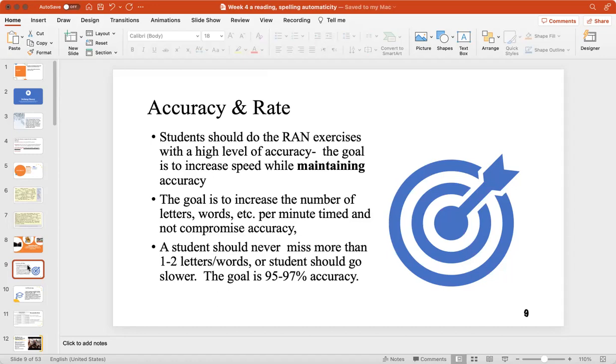And unless we can strengthen her rate of reading, it's going to be laborious, it's going to be difficult to comprehend, and she's not going to want to read really very much at all. So we want to teach our students how to read accurately, but increase their speed to the 50th percentile based on Hasbrook and Tyndall's research.